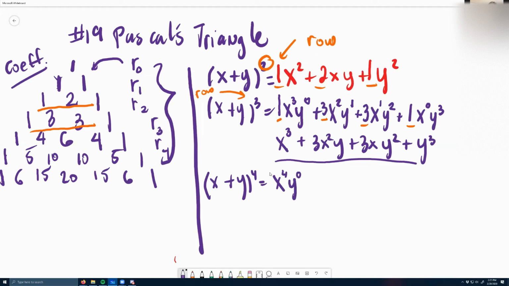Very good. Now, I don't care about the coefficient right now. What I like to do is write out the full pattern of the x and y's first, and then I'm going to fill in the row last. So what's this one? X to the what? 3rd. And then y to the what? 1st. Very good. Do you see the pattern now?